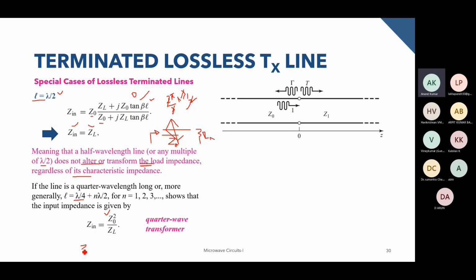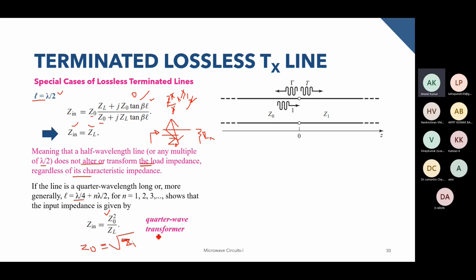A special case arises when you take Z naught to the left-hand side and write it in terms of Zin and ZL: Z naught equals root of Zin times ZL. Okay, there is some lag happening.